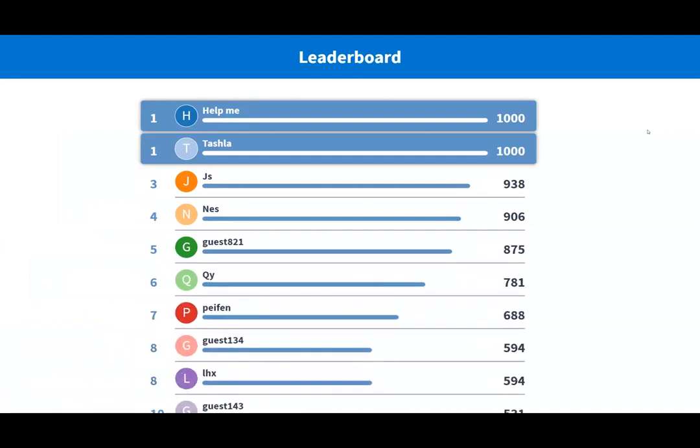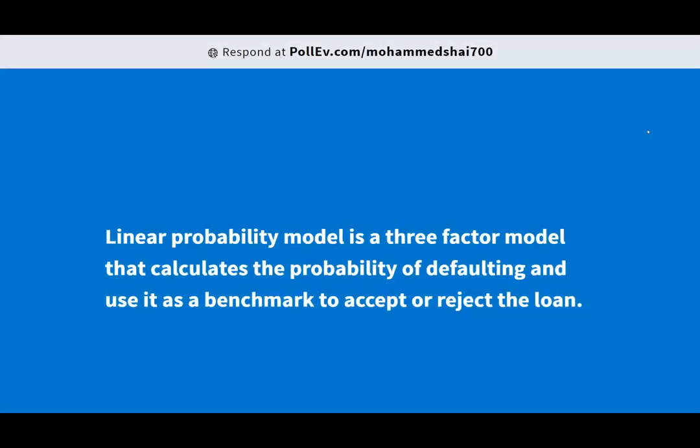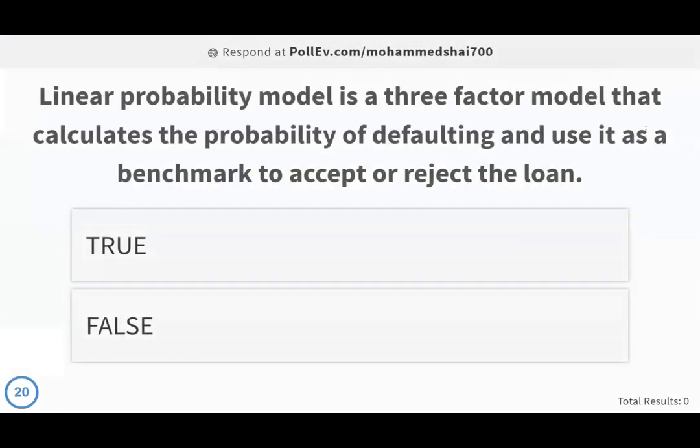Linear probability model is a 3 factors model, if you still remember, that calculates the probability of defaulting and its benchmark to accept or reject a loan.